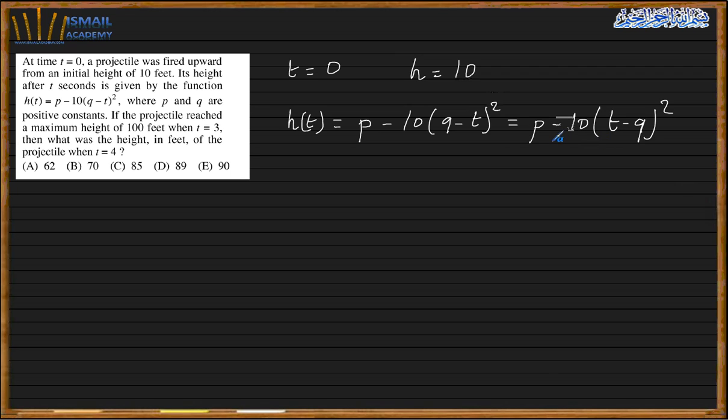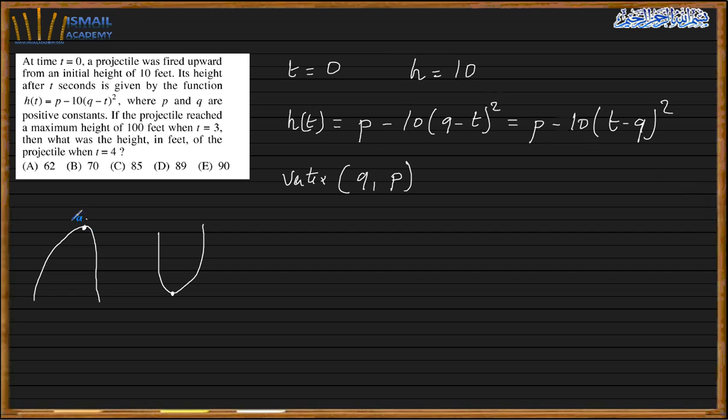This type of function is called the vertex form of a quadratic function, where the vertex is (q, p). So this is my vertex for that function. The vertex, in fact, is either the maximum point or the minimum point.